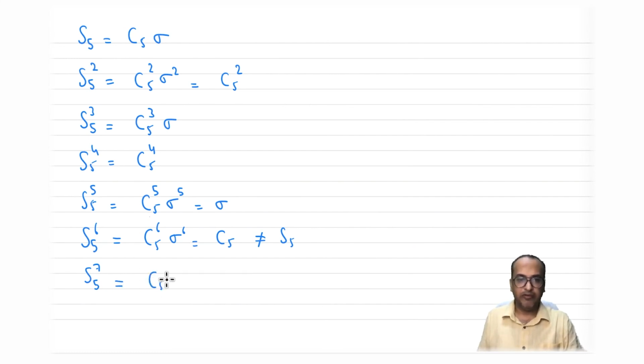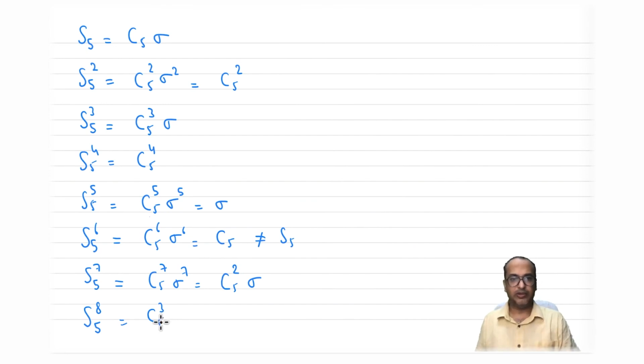Now C5 to the power 7 sigma to the power 7. So this means C5 done twice and sigma, right? Again, this is a non-redundant operation because this earlier was C5 square, and now we have C5 square and sigma. Now S5 done 8 times is C5 done 3 times, and that's all, right?